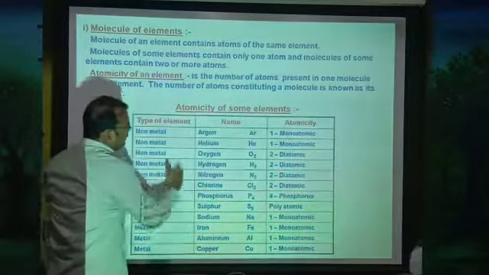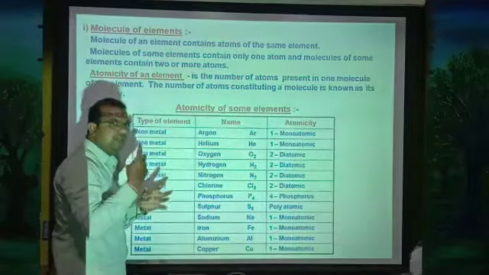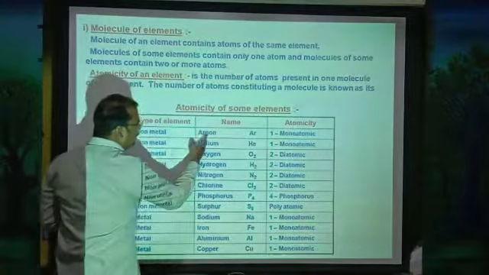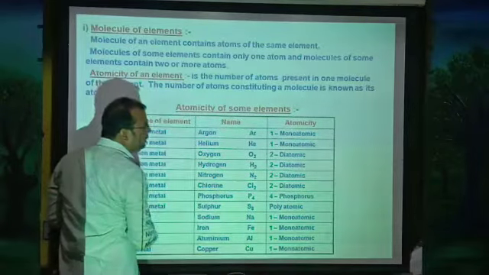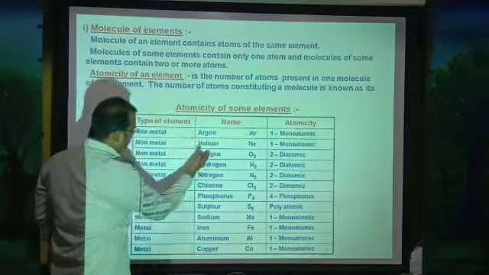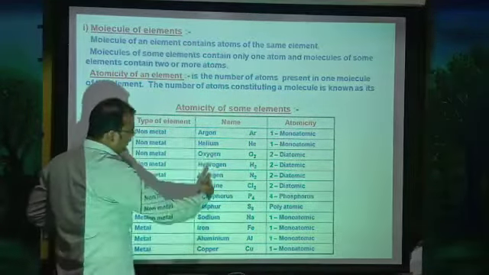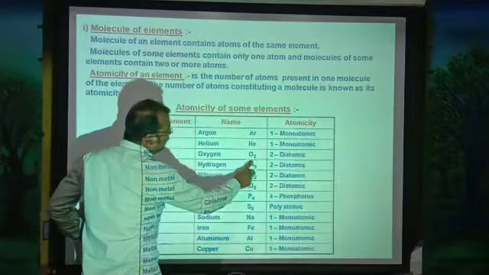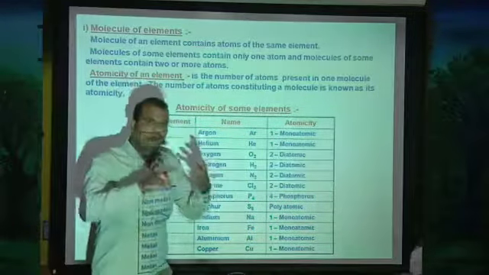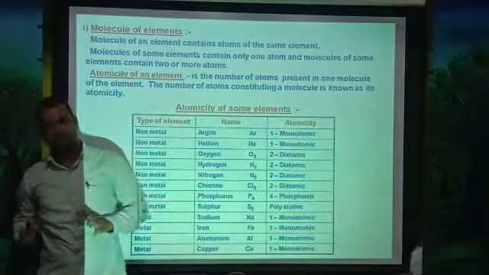Here you just see helium. It is a molecule which contains only one atom, and argon also contains only one atom and becomes a molecule. Whereas here you just see some non-metals made up of two atoms. There are two oxygen atoms that make one oxygen molecule.